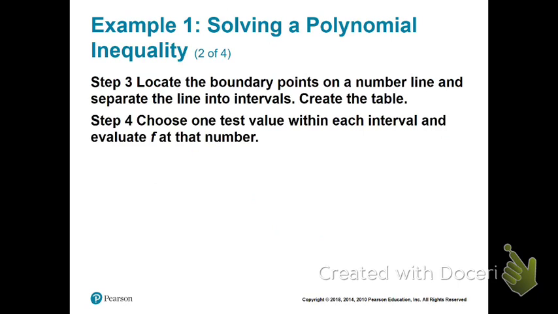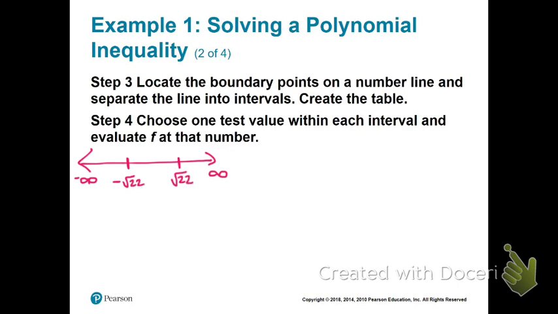All right, so step 3, we're going to locate those boundary points on the number line and separate the number line into intervals and create our table. So we're just going to do that down here below step 4 because it's all going to go together. On our number line, we had negative square root of 22 and positive square root of 22.